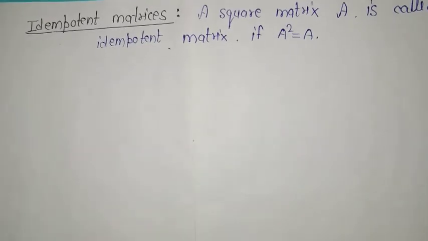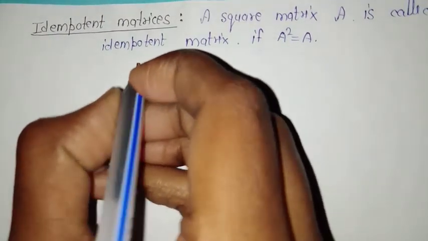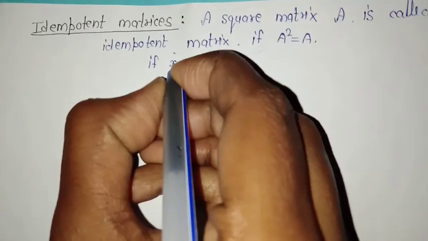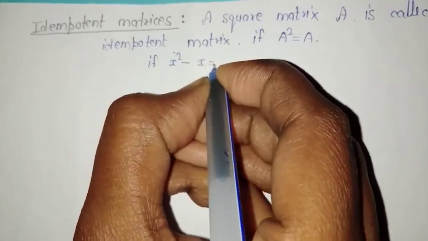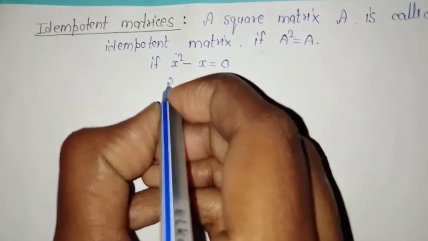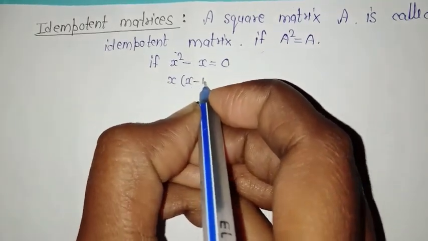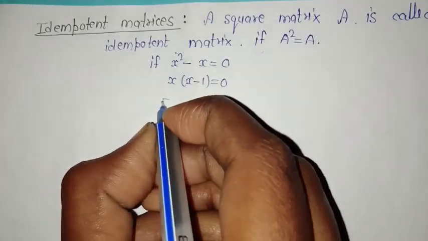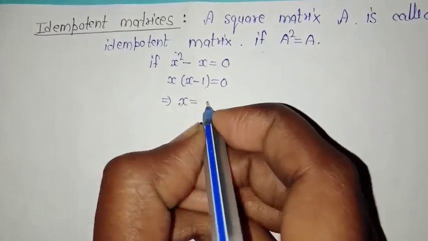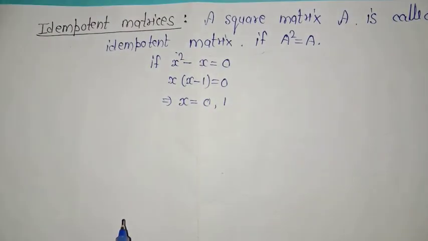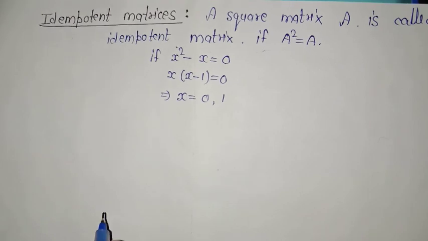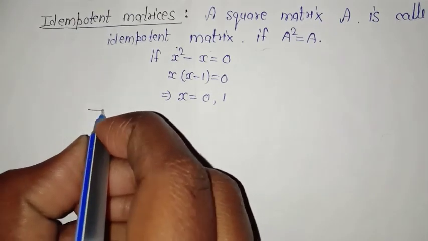Now if we write the characteristic equation for this matrix, this must be x square minus x equals 0. If we take x as common, this becomes x into x minus 1 equals 0. From here, we can say that the value of x is 0 and 1. So the eigenvalues of such kind of matrices are 0 and 1.